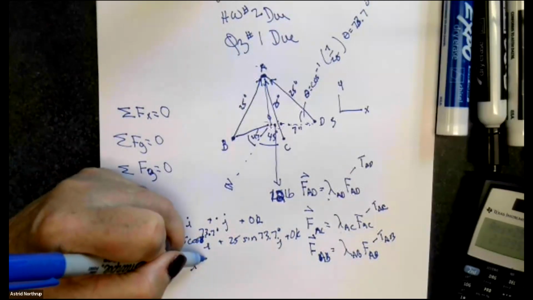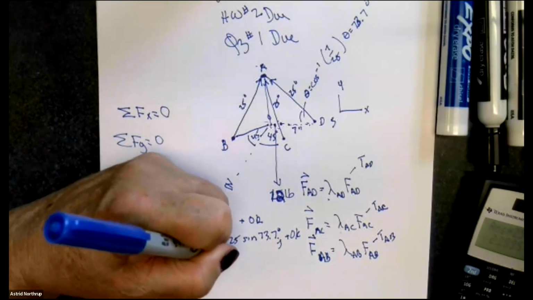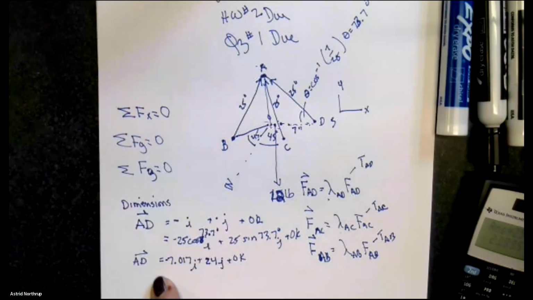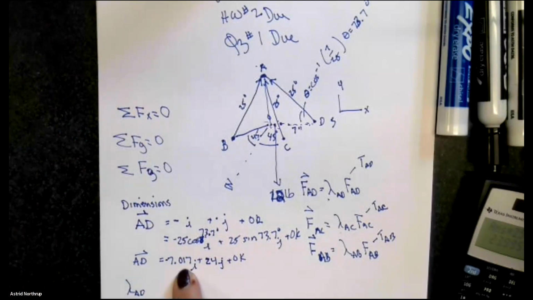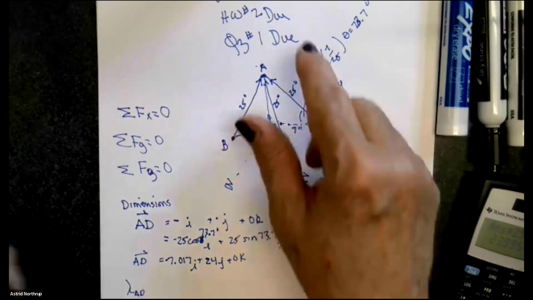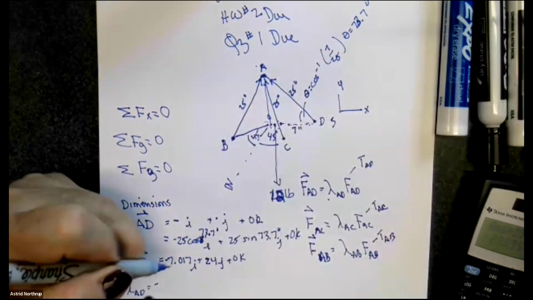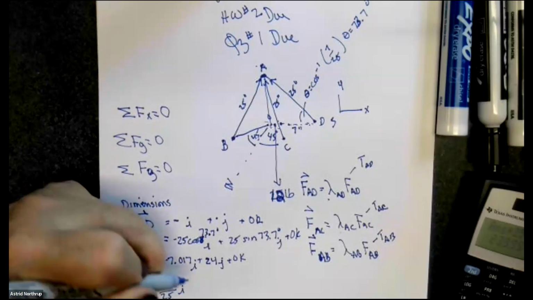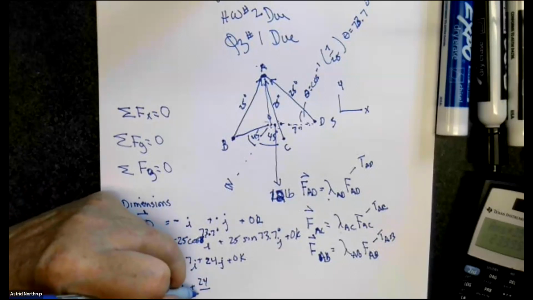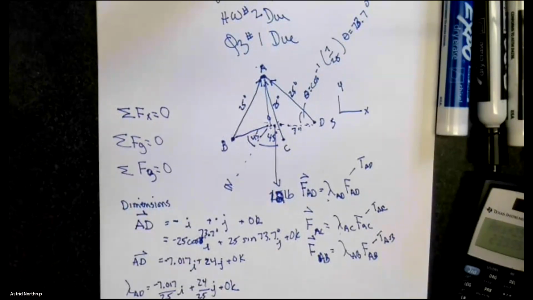So that's 23.99 or roughly 24 J plus 0 K. All right, then how do I find lambda? Lambda AD is equal to these numbers divided by the 25, because that's the length of the whole thing. So lambda AD is negative 7.017 divided by 25 I plus 24 over 25 J plus 0 K, right?